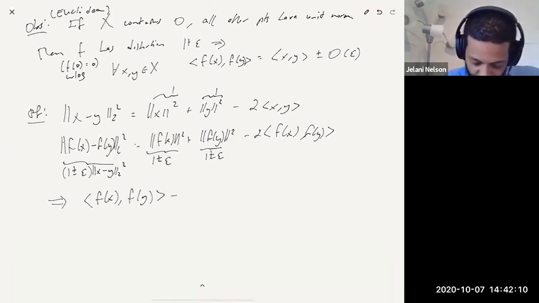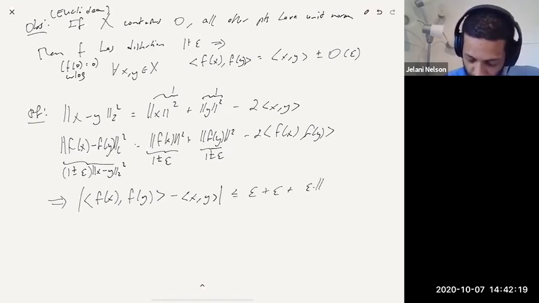The difference between this and the actual dot product is going to be at most an epsilon plus another epsilon times the norm squared between x and y.